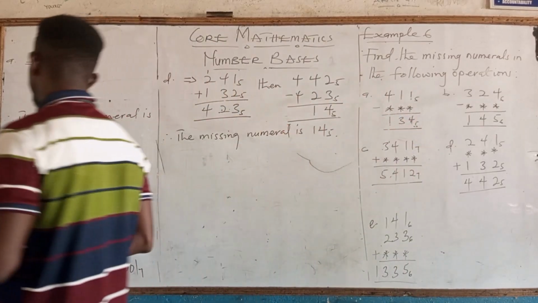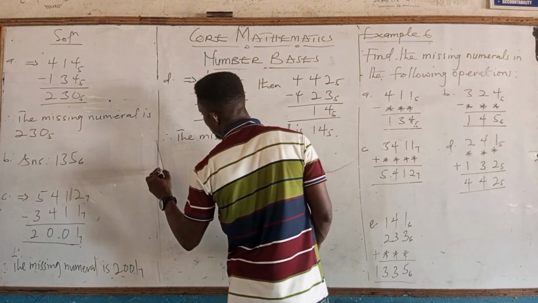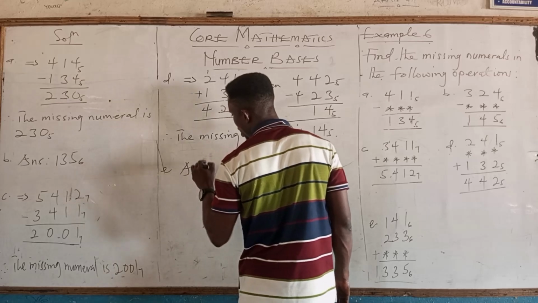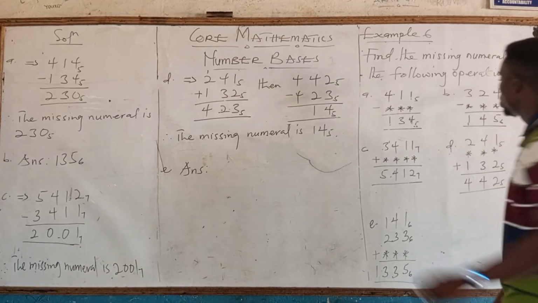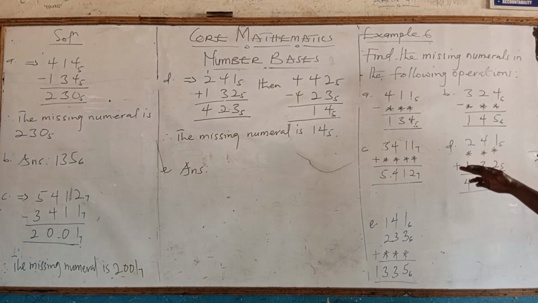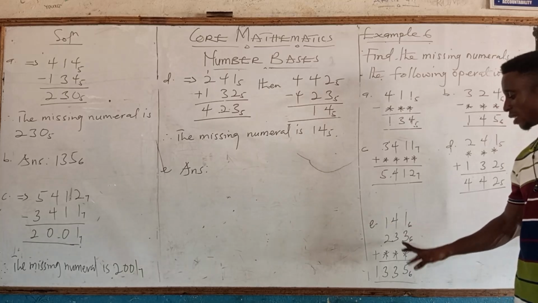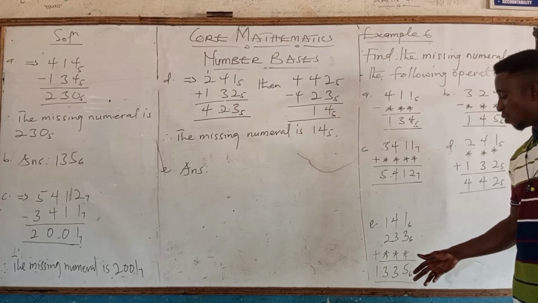Okay, and I think we understand that. So the last one, which is the E, as usual, I will never solve. I'm going to put the answer. This one too: a certain number plus something will give us that. So what do I do?